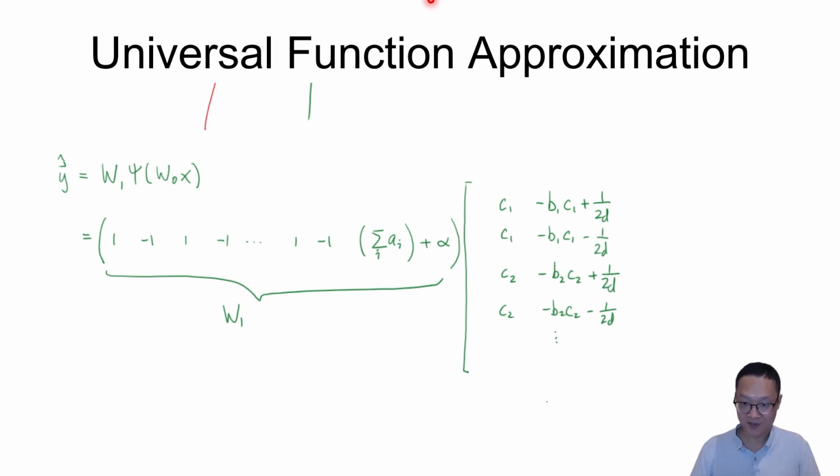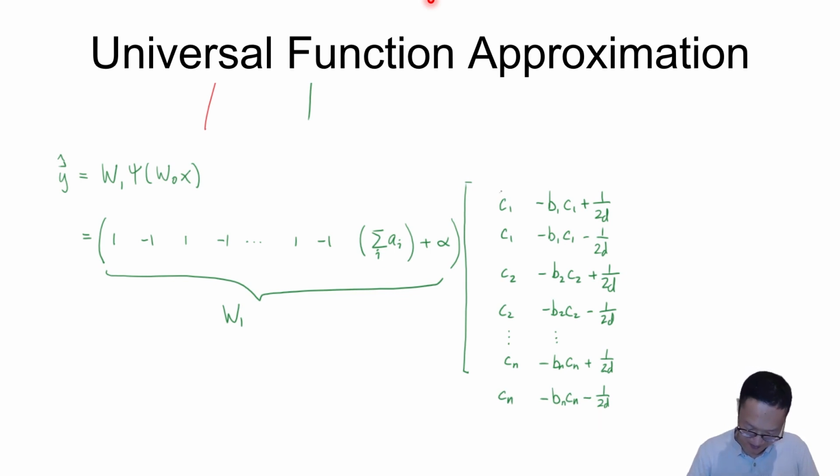We keep going until we get all the way down to cn, minus bn. So this is 2 columns. The first column is c1, c1, c2, c2, all the way to cn, cn. The second column is a bunch of minus b c plus 1 over 2d, so minus bn cn plus 1 over 2d, and then another one, minus bn cn minus 1 over 2d. Okay, so we have that.